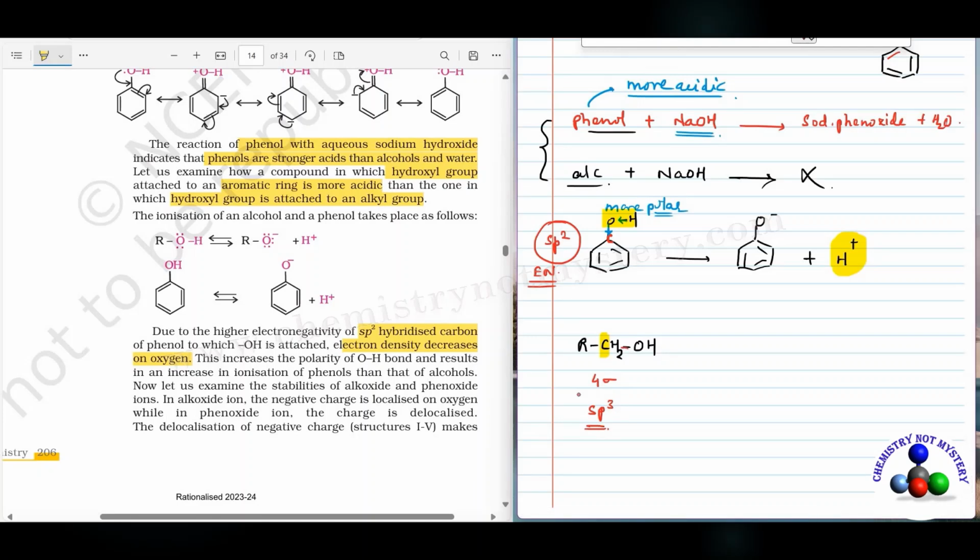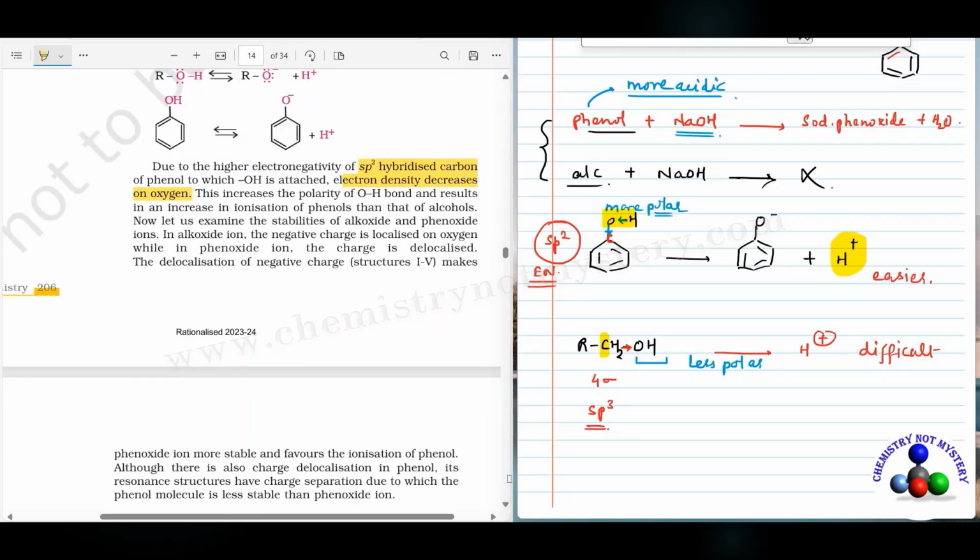Instead, it donates electron density to oxygen. Because of that, the polarity between oxygen and hydrogen decreases. So this bond will become less polar. As the bond between oxygen and hydrogen becomes less polar, it makes the removal of H plus ion difficult. So removal of H plus ion is difficult in case of alcohol, while it is easier in case of phenol.